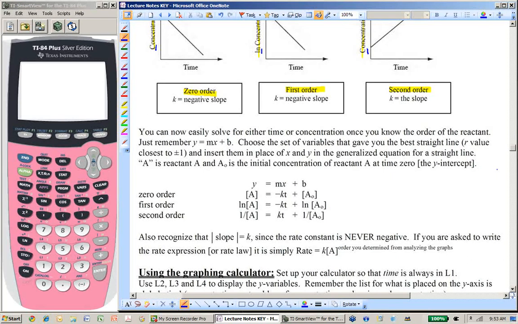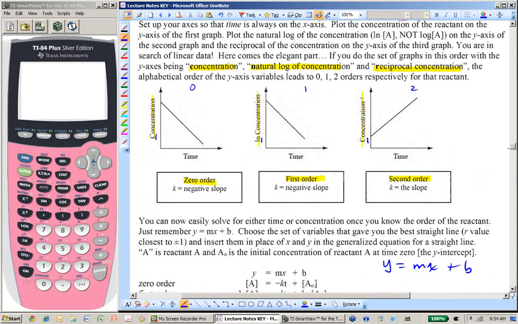So we're going to be able to do a lot of stuff with this, but we have to embrace these basic patterns. I see no point in memorizing these equations, because what you've already memorized is y equals mx plus b. What you need to memorize is the concentration, natural log, and reciprocal of the concentration, because if we do y equals mx plus b, we can derive all of these equations off of this little bit of memory work.